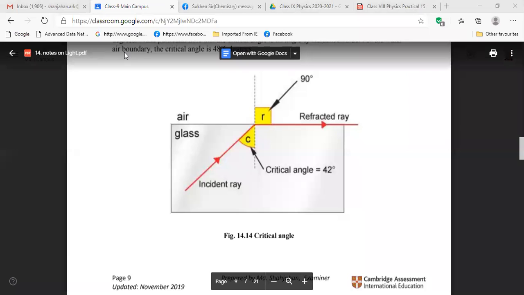Is it bending towards or away from the normal? The refracted ray is bending away, sir. So the light ray will be bending away from the normal. Be very much clear in what I am discussing step by step. If you are not tracking it, then you cannot go to the next step. You will not understand the next step. So everyone be attentive now. Very much attentive.